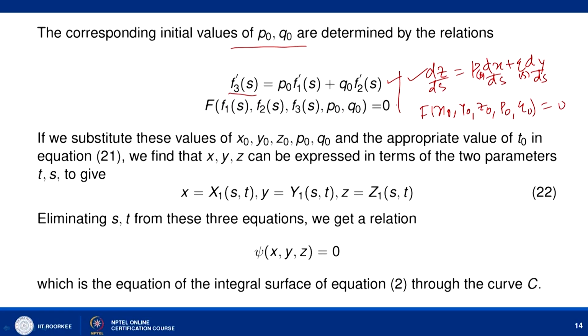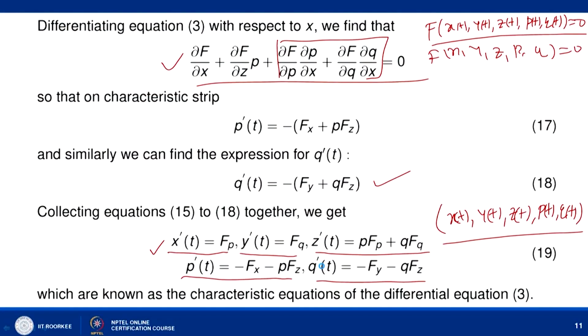When we solve these two equations, we will get the initial values x naught, y naught, z naught, p naught, q naught, and we have 5 ordinary differential equations along with these initial values. If the values of F_p, F_q and so on are nice enough, then we can get a unique solution.